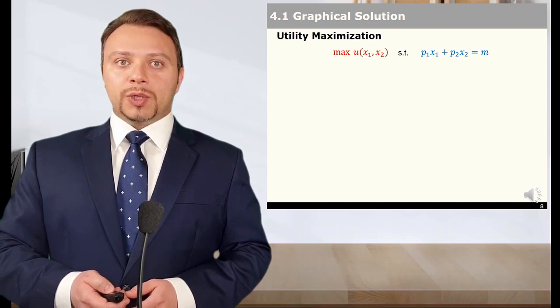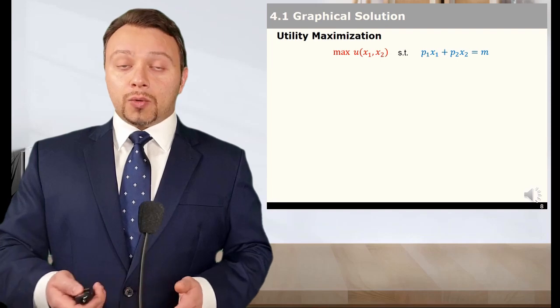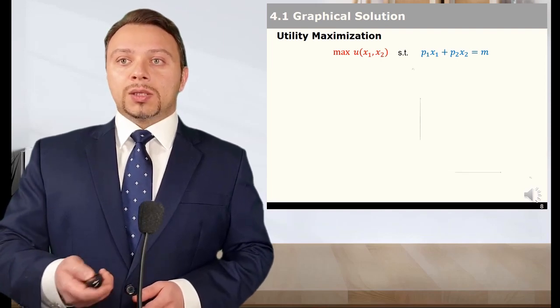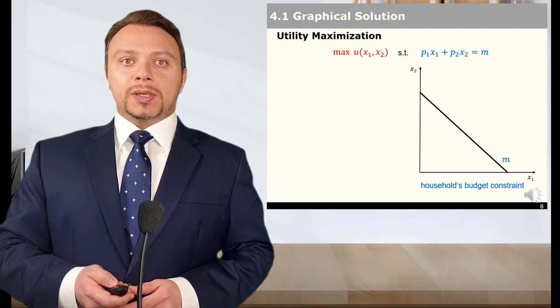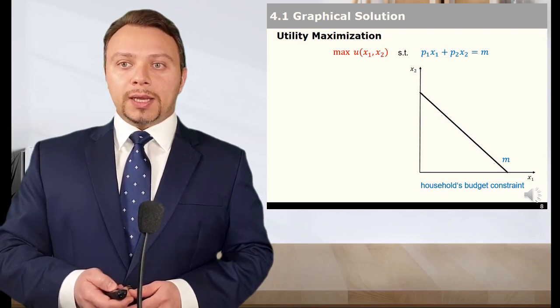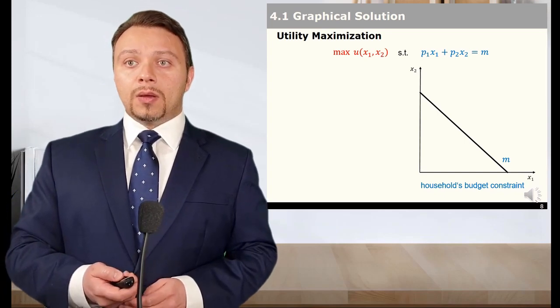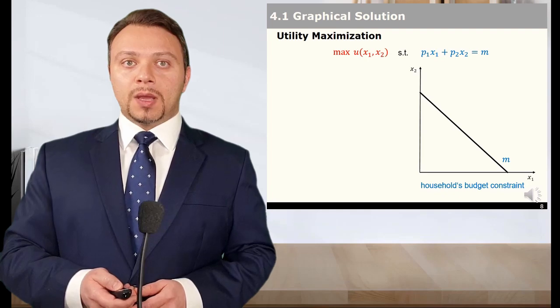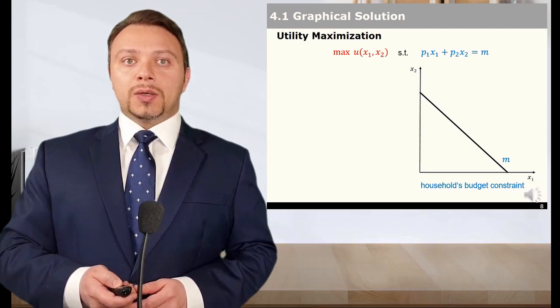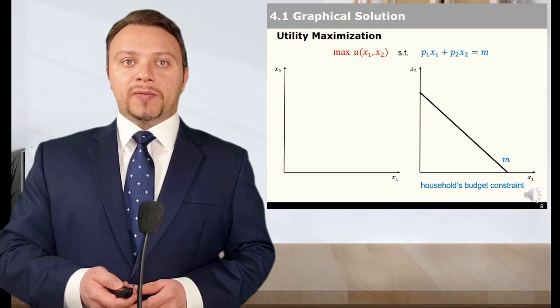The budget line, which we have learned to know in Lecture 2, is depicted here in the right diagram. It is a downward sloping line in the x1, x2 coordinate system. Your brother's utility is represented by the system of indifference curves here in the other figure.